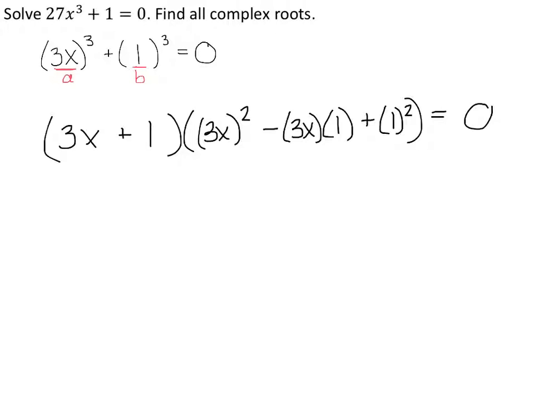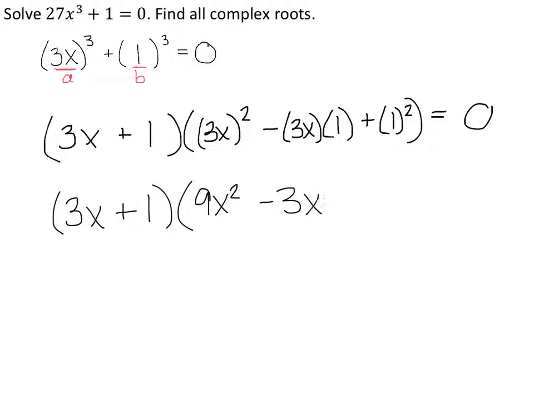Now let's simplify. We still have our 3x plus 1. And then, what's 3 squared, Coco? 9. Yep, so we have 9x squared minus 3x, and 1 squared is just 1, so plus 1. All equals 0.